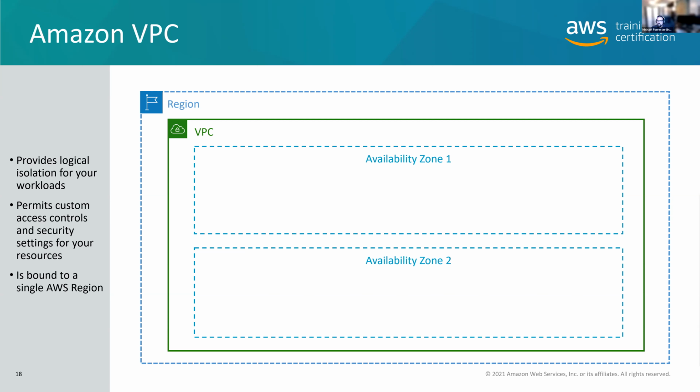So VPCs live inside of a single region. They do not span regions, but they eat the entire region. So when you stick something inside of a VPC, you're running it for the most part in availability zones that are inside the region, but the VPC itself is region spanning. It eats the whole region.